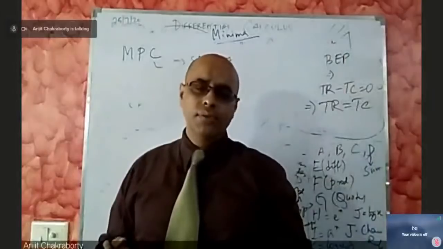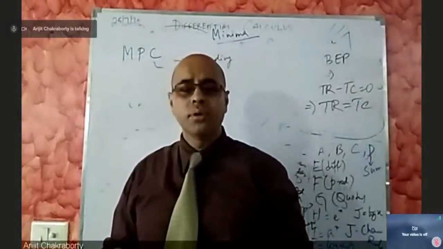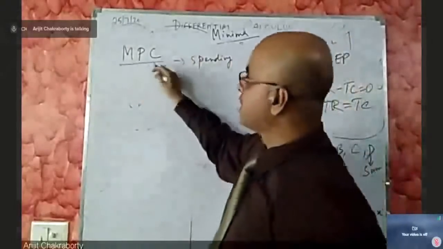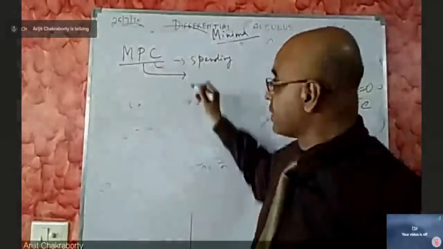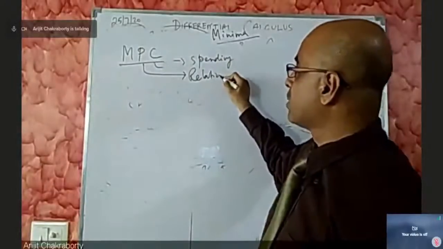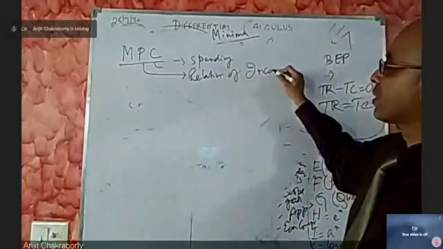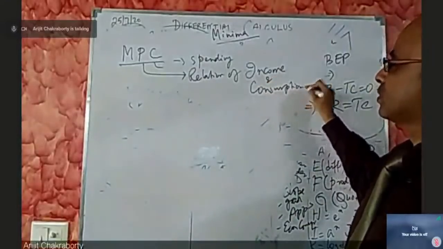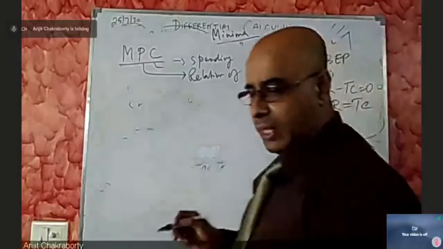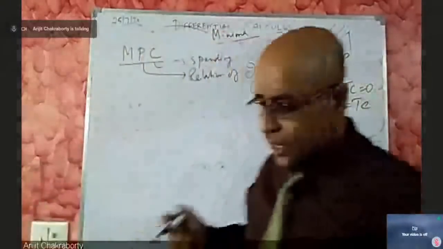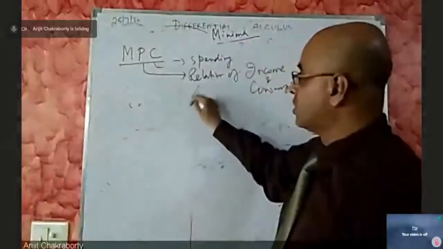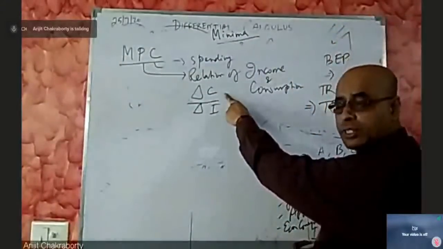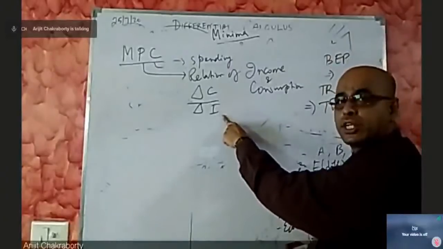How much will I spend basically depends on the relation of my consumption with my income. So marginal propensity to consume is nothing but the relation of income and consumption. That means this is defined as the change in consumption, delta C by delta I, where delta C is the change in consumption and delta I is the change in income.